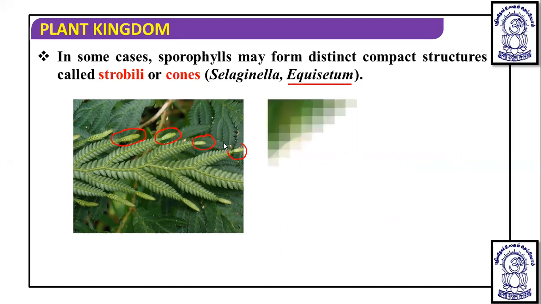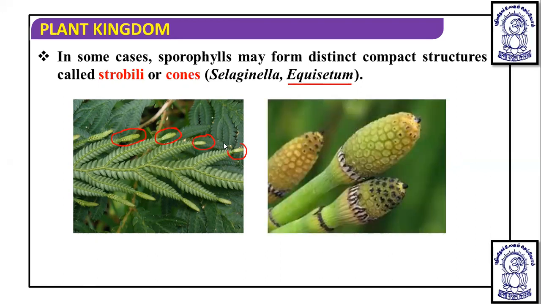Apart from this, in Equisetum also you will find this compact structure. See, in Selaginella these are somewhat loose, not too compact, but this is the strobilus or cone of Equisetum, and in Equisetum they are compactly arranged.